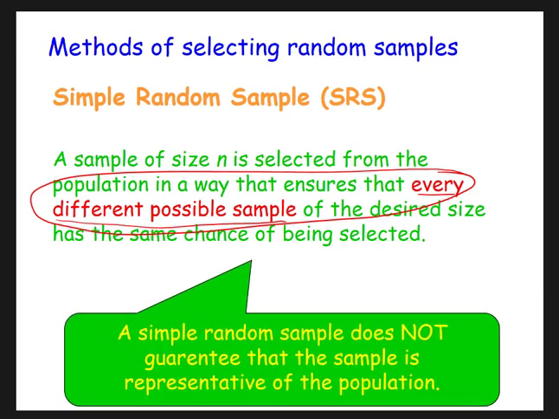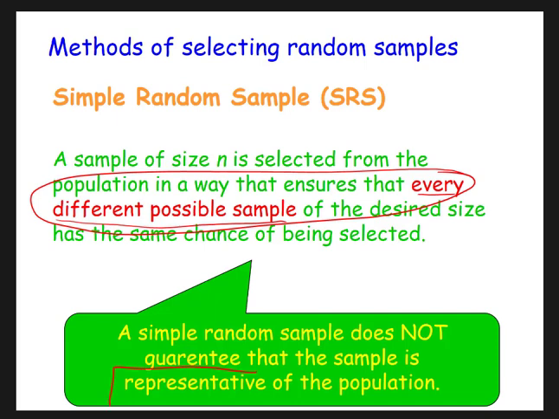A simple random sample does not guarantee that the sample is representative of the population. It doesn't guarantee it's representative, but it is necessary for many of our statistical analysis techniques that we have a simple random sample. Because what our techniques are doing is taking into account the possibility that it is not representative.